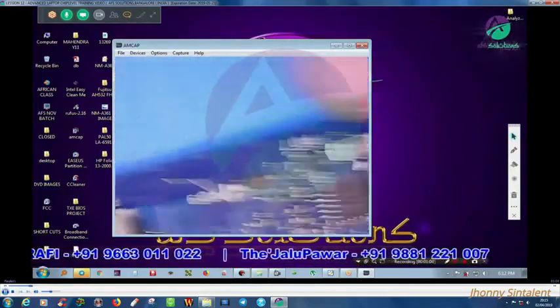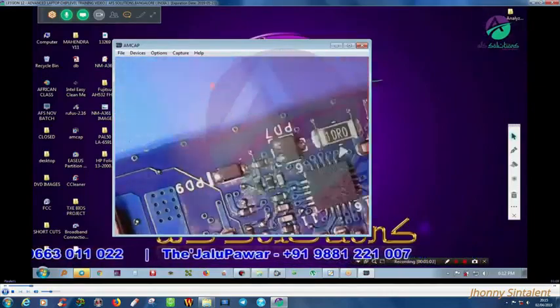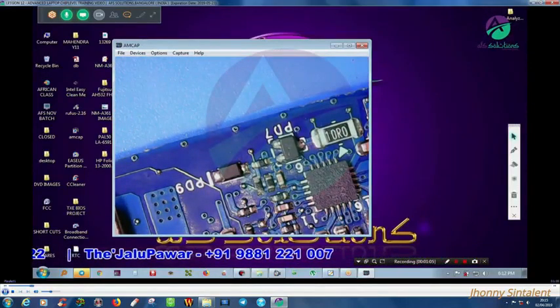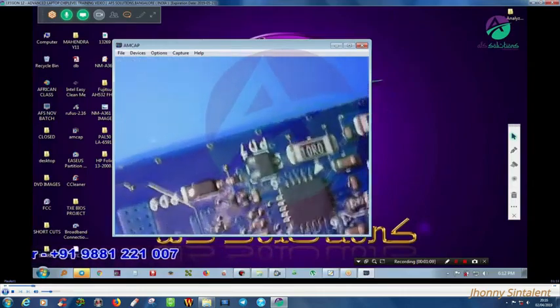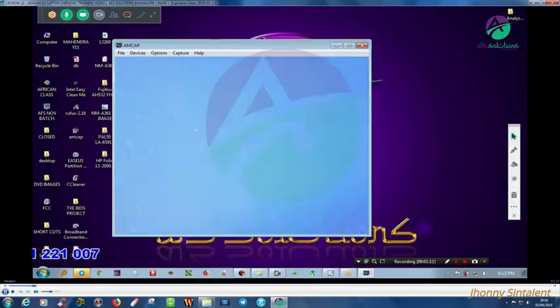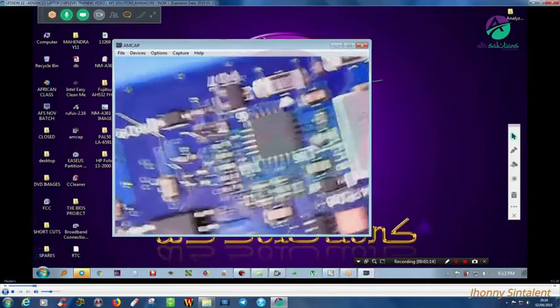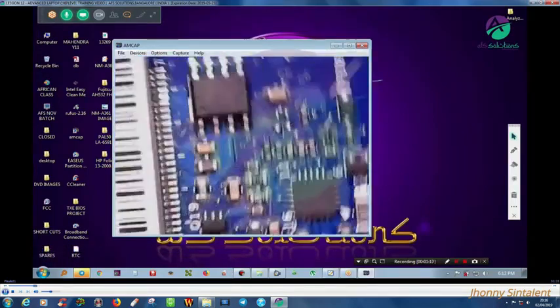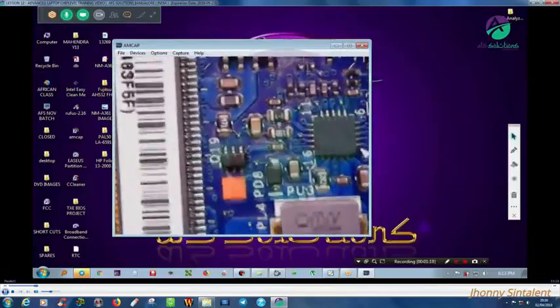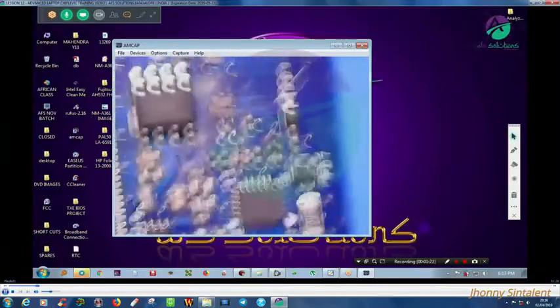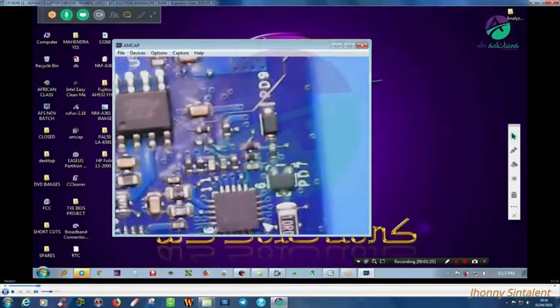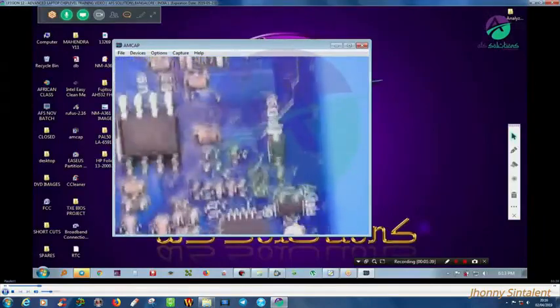So my charging IC is here. Let me pull it down.